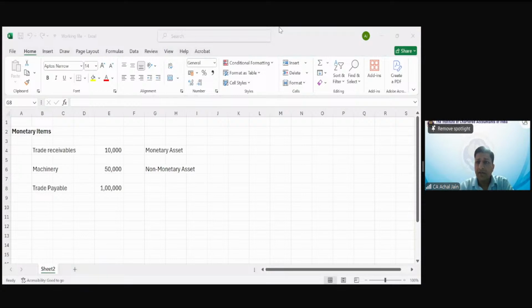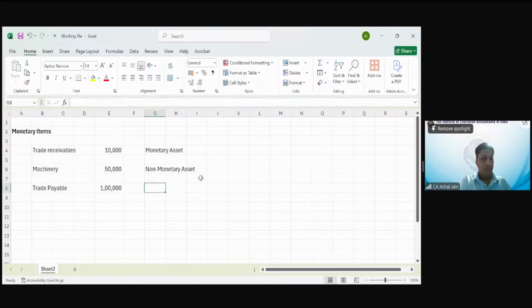Yeah, very good. Janvi, Soumya, they are saying yes. Why? Because here again the amount is fixed or determinable. But now we are not talking about the amount to be received, we are talking about the amount to be paid. Clear? So clear on the meaning of monetary and non-monetary? Everyone? Clear?